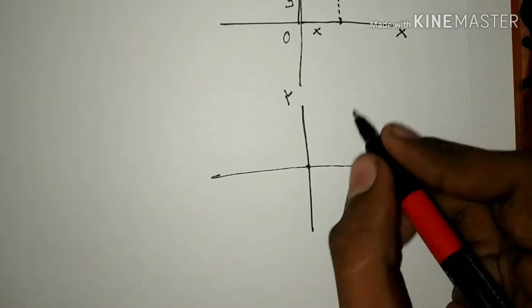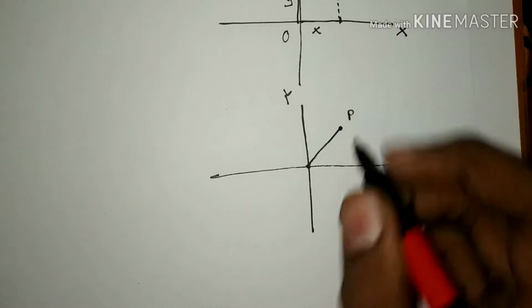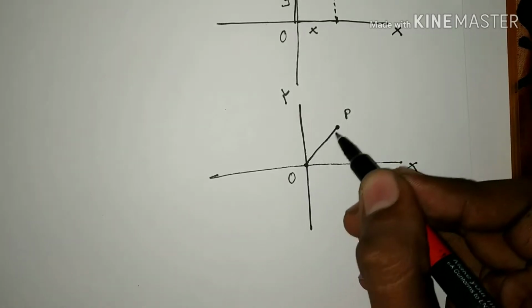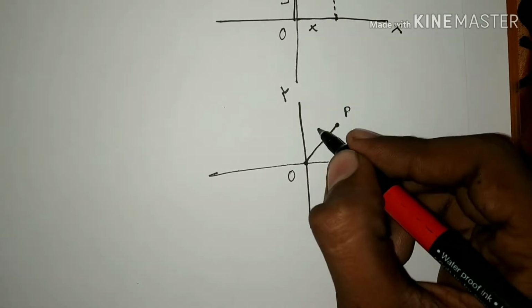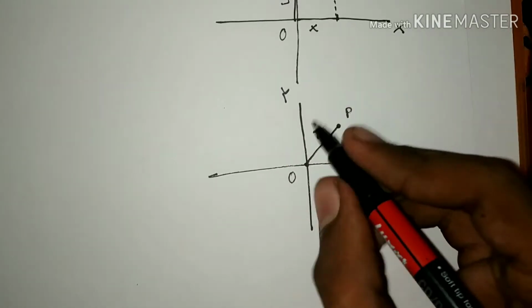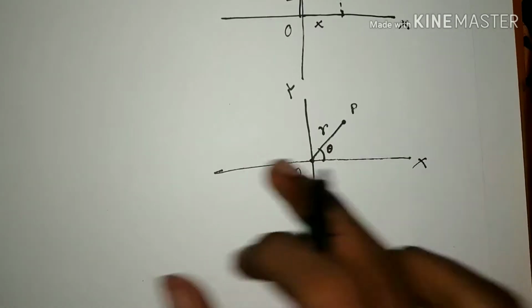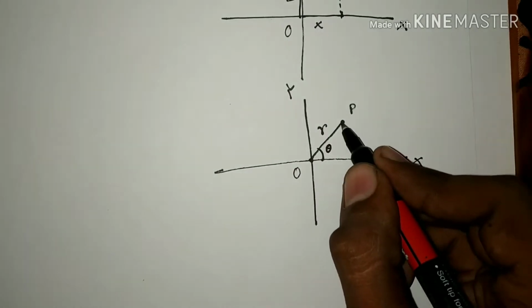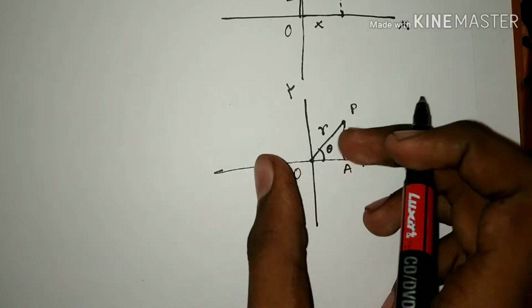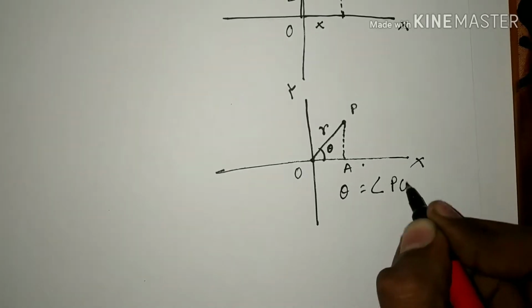Instead we take the point P and measure its distance from the origin, which is denoted by r, and the angle that this line, the radius, makes with the x-axis. We draw a perpendicular, say A, and we measure the angle theta. Angle theta is equal to angle POA.